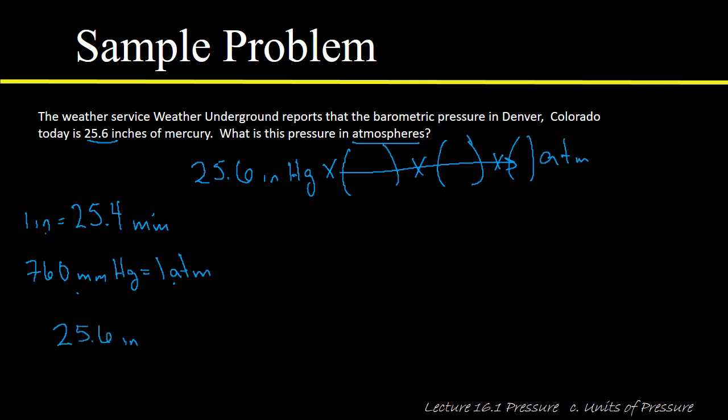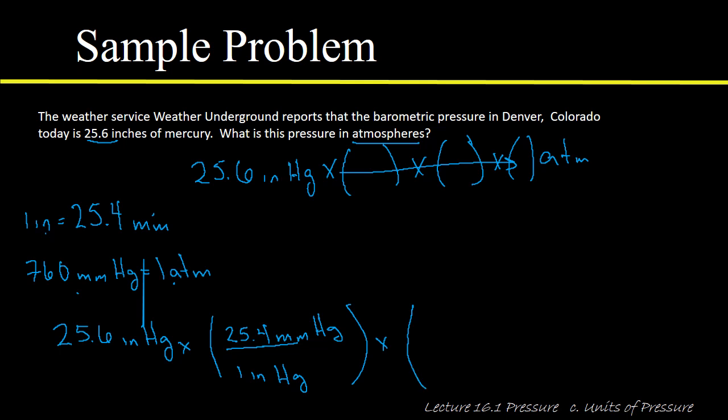Okay. So let's start with what we've got. 25.6 inches of mercury, and then we'll use that first conversion factor. We want inches of mercury to cancel out, so let's go ahead and write 1 inch of mercury is equal to 25.4 millimeters of mercury. And then let's do a second conversion to get to atmospheres.